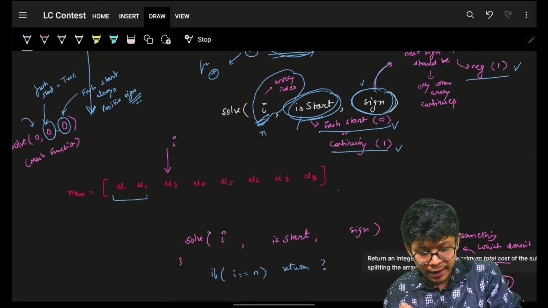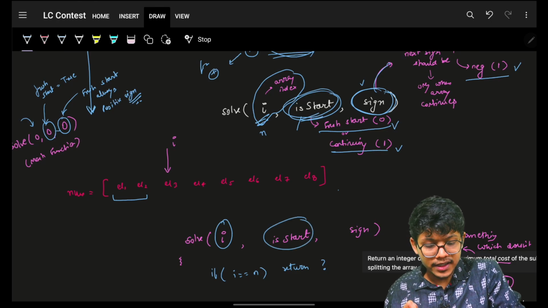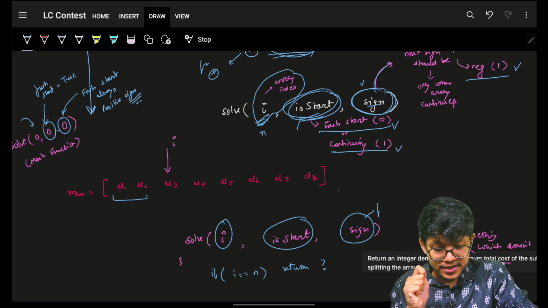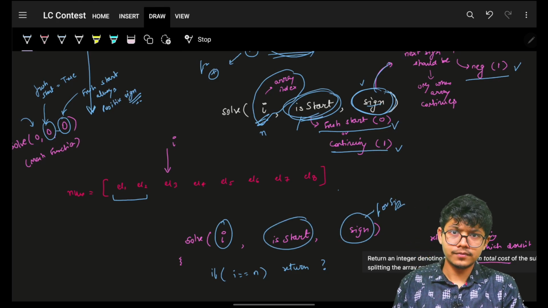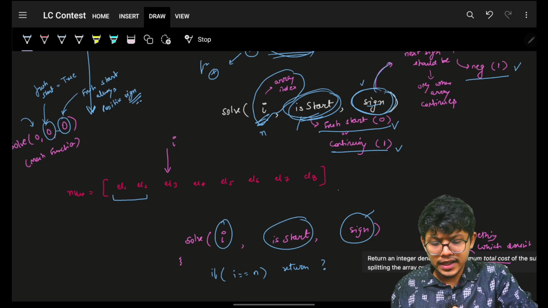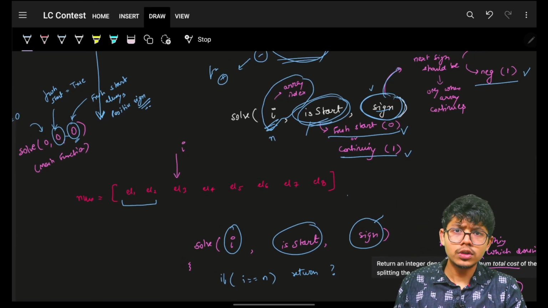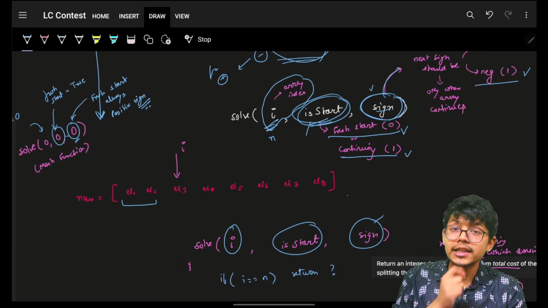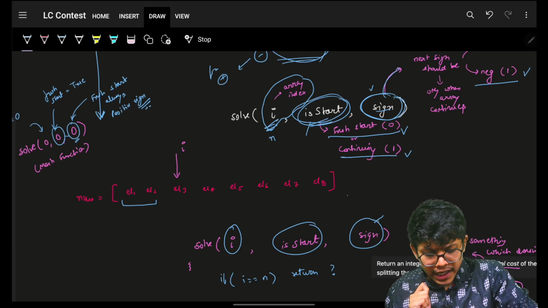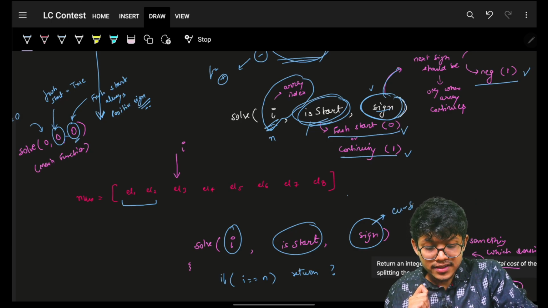So I know I have to keep an is start, and I have to keep a sign which represents the previous sign. Or you can say, Aryan, but in this code you are putting a sign as 0, so it technically shows the current sign. Oh yeah, makes sense. So I will represent this as current sign.